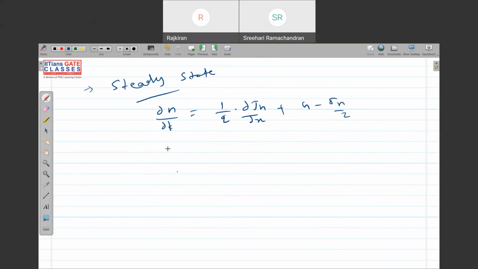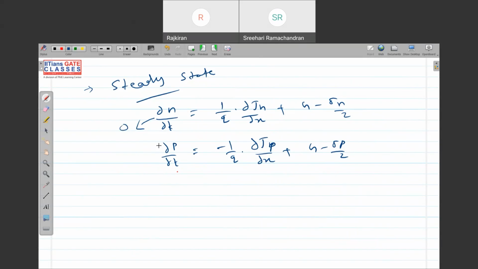Suppose in steady state, del p by del t equal to minus 1 by q into dJp by dx plus G minus p by tau. Suppose in steady state this is equal to 0, because steady state means everything is constant with respect to time.